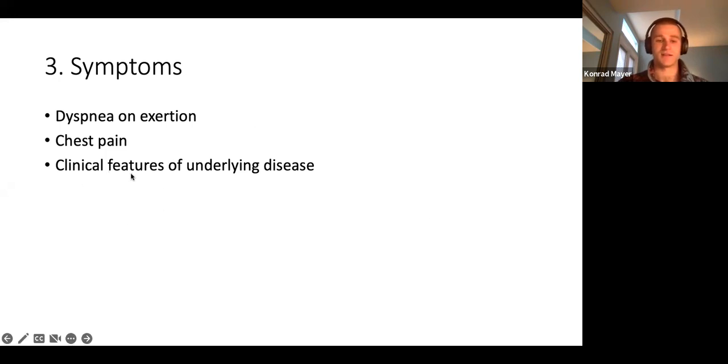So I'm not going to list them here because they are very different. Some chronic heart failure or left ventricle failure patient will have different symptoms than somebody with COPD or with sarcoidosis. So any disease that is mentioned as causing pulmonary hypertension, those symptoms can be added to this list.